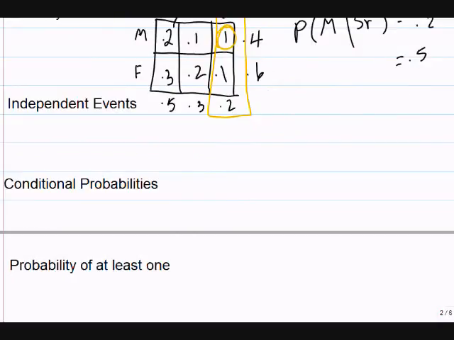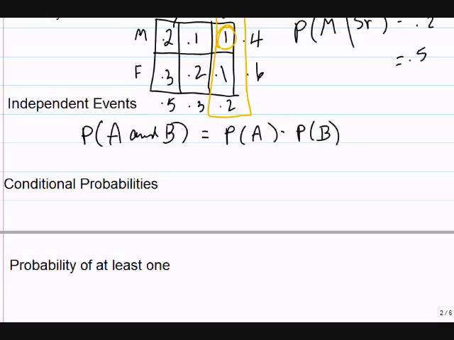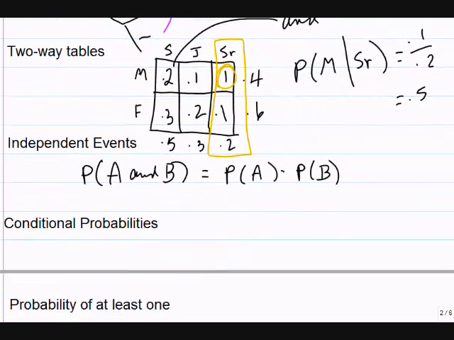Independent events. Two events are independent if the probability of A and B is equal to the probability of A times the probability of B. If you're given a two-way table, easy to check. Probability of male and senior is 0.10. Is that the probability of being a male, 0.4, times the probability of being a senior, 0.2?